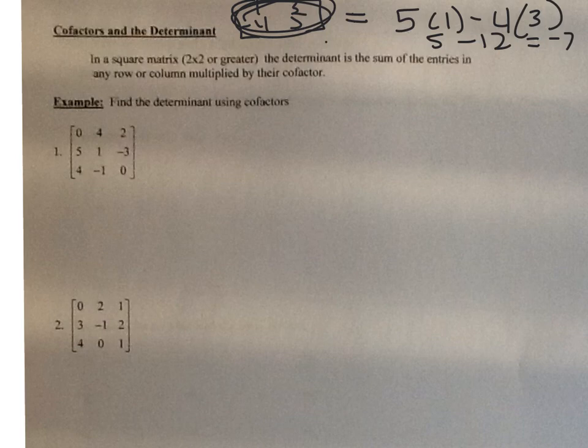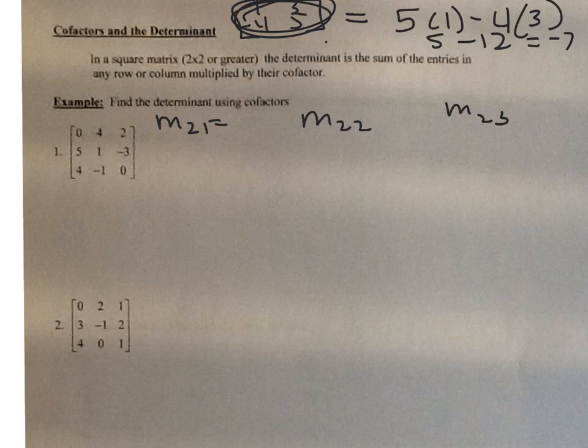So for the first one, I'm going to start with minor 2, 1. So I'm going to stick with row 2. So I'm going to do minor 2, 1, minor 2, 2, and I'm going to do minor 2, 3. So notice I kept the row constant, kept it at 2.